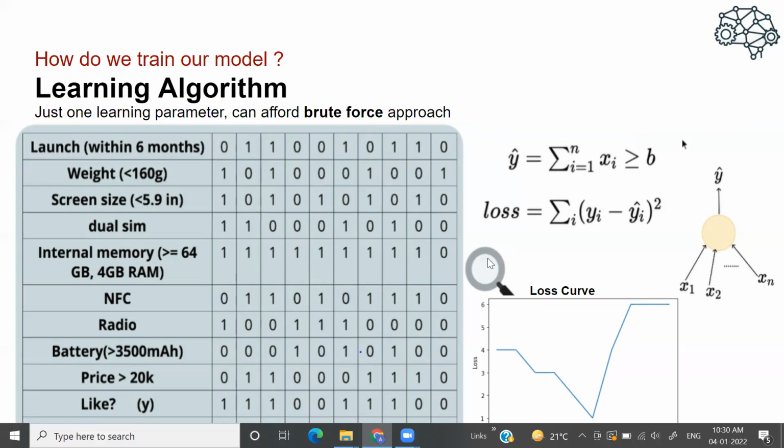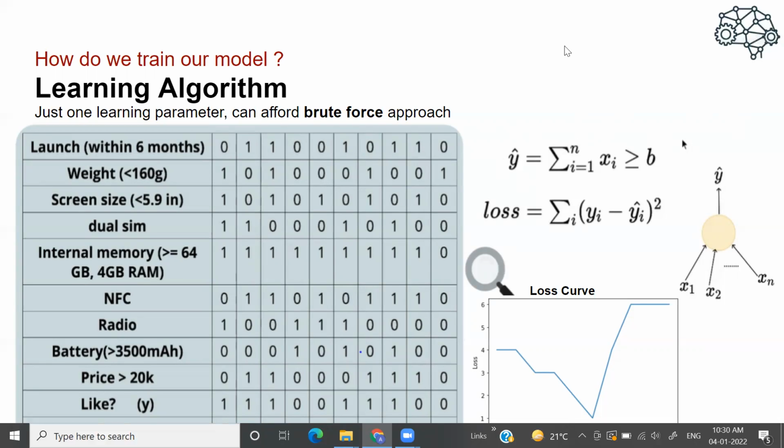Okay, now let us come to the very important part: how to train our model. Right till now our assumption is that we have trained our model and were able to generate the predictions. Now let us see how to actually train the model. This is the main hypothesis function of the MP neuron, and the threshold is the only part which we need to learn.